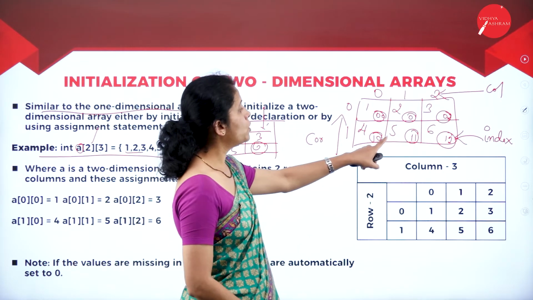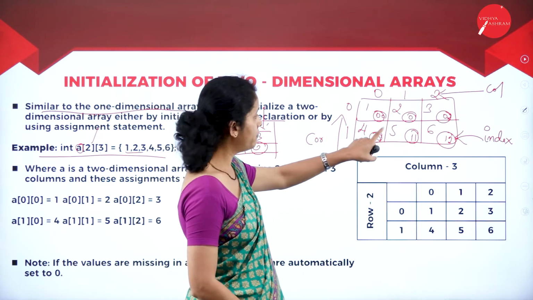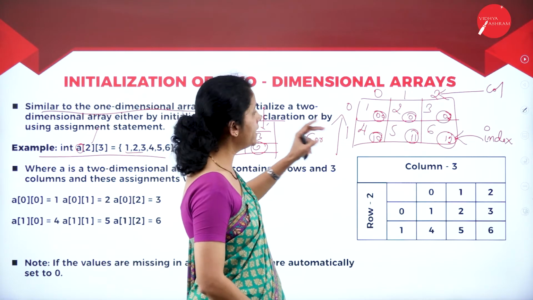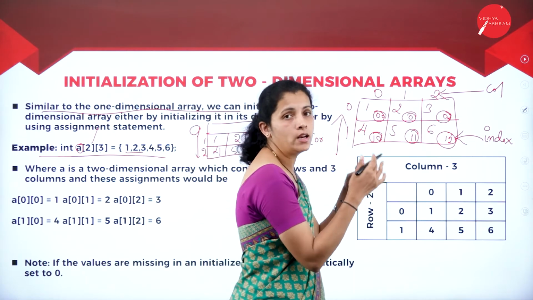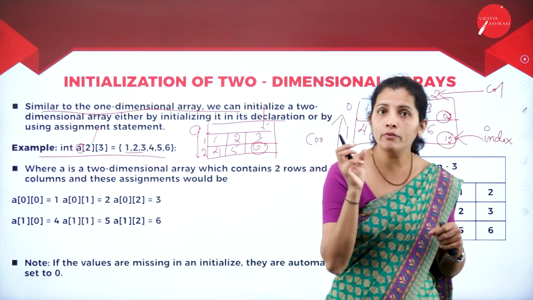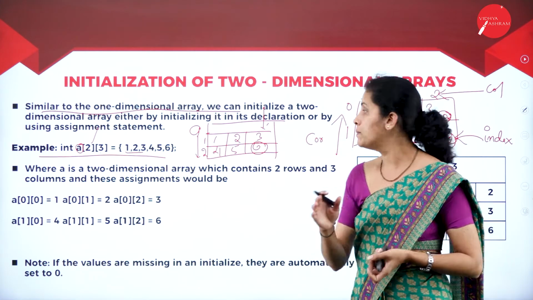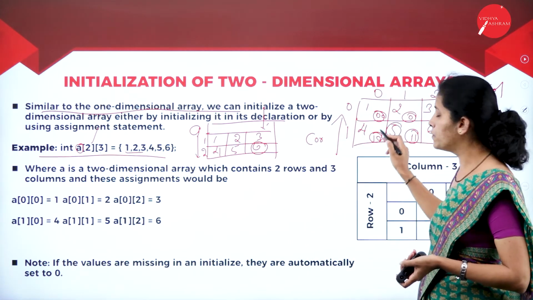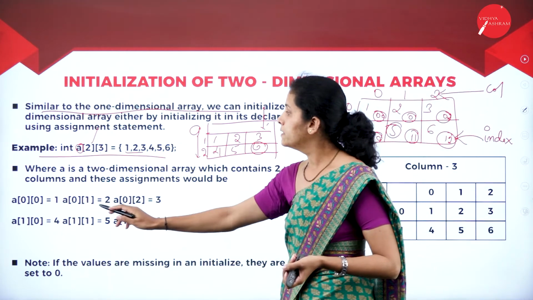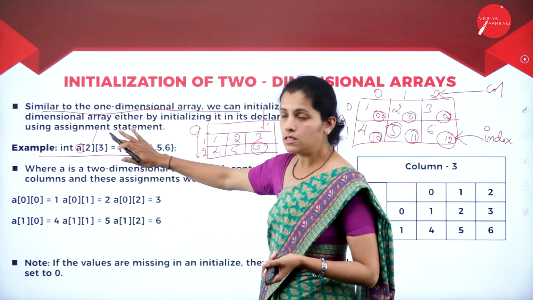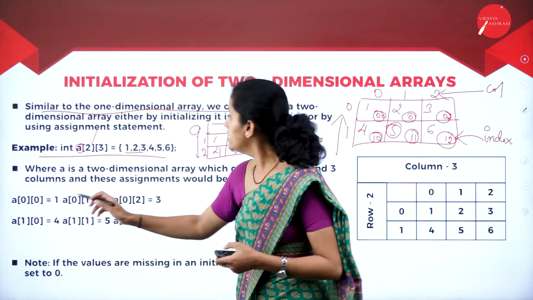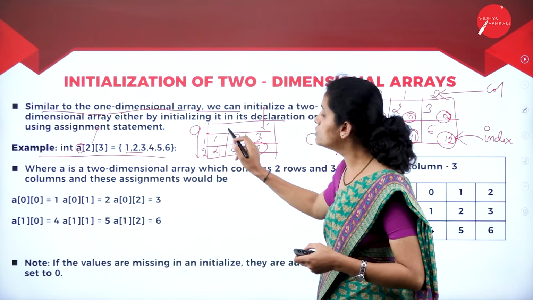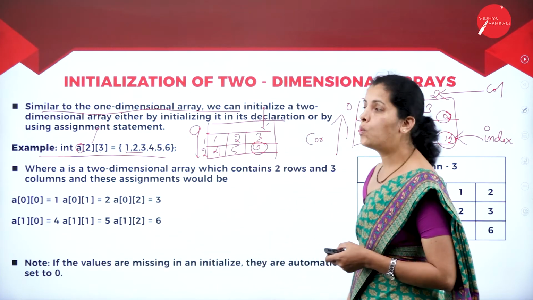Suppose I have the values 1, 2, 3, 4, 5 and 6. Now think that I want to access the element 5. How can I access it? With the help of index 1,1, I can access the value 5. So here, according to this example, this is the representation. In the place of 0,0, I'm going to store 1.